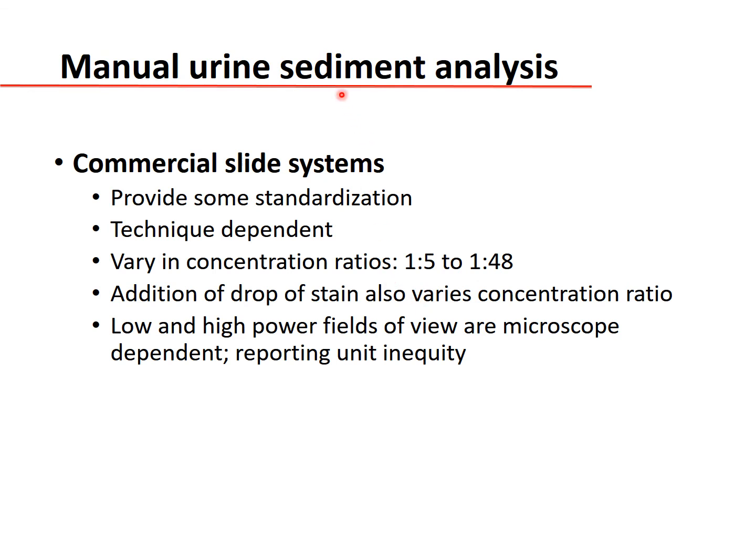The manual urine sediment analysis uses a commercial slide system, which provides some standardization, but it is technique dependent, with varying concentration ratios, addition of a drop of stain, also varying concentration ratios, and low and high power fields of view that are microscope dependent, with inadequate reporting units. So this is the limitation of the manual sediment analysis.